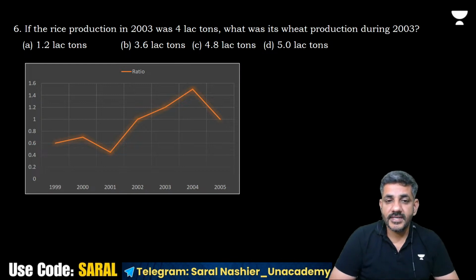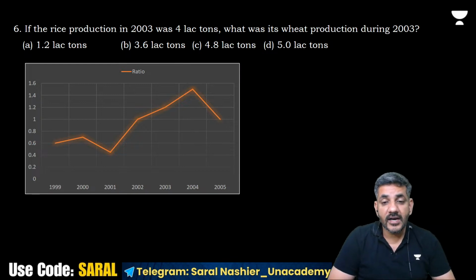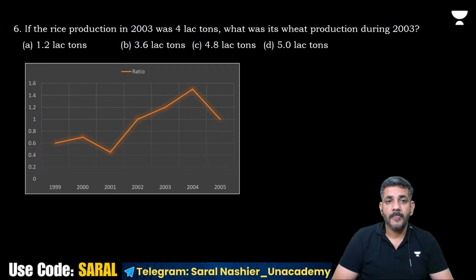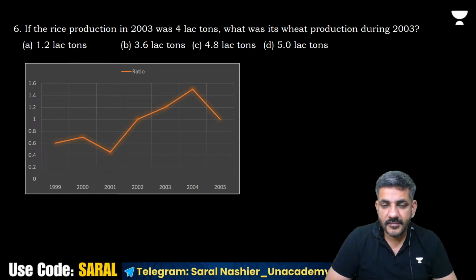It's a very simple, straightforward question. Shibam has already answered as C. Very good, Shibam. Any other answer, guys? What is the right answer for question number 6?